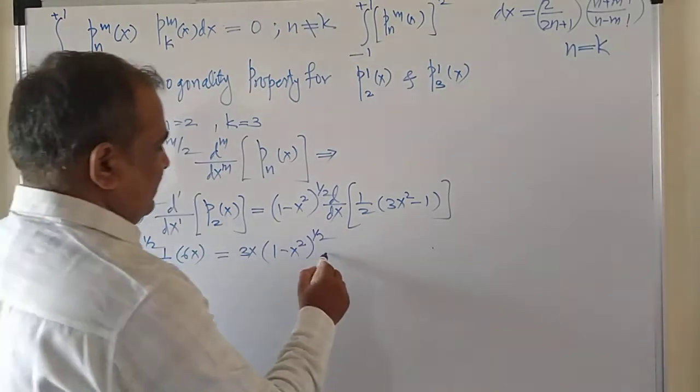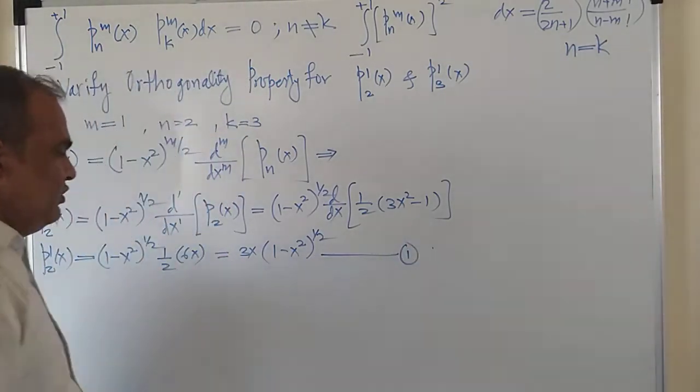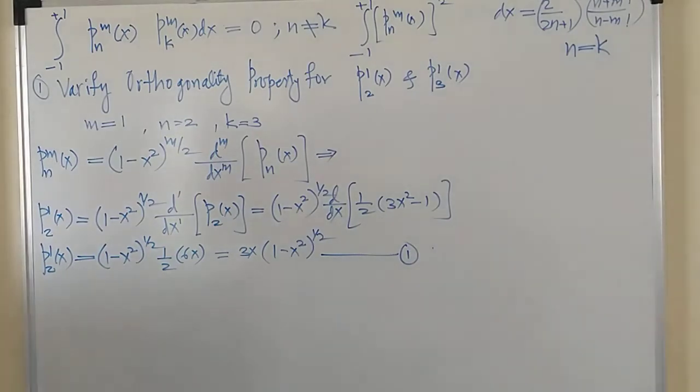Let's say this is equation number 1. We got the associated Legendre polynomial P21 of x.